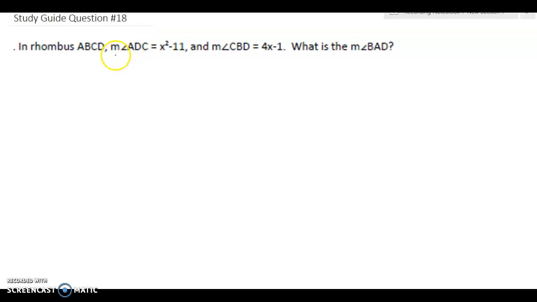So it says in rhombus ABCD, so I'm immediately going to draw it. Okay, and label it A, B, C, D, and I know it's a rhombus, so I know that all of these sides are equal. I know the measure of ADC, so the measure of this angle here is x squared minus 11.